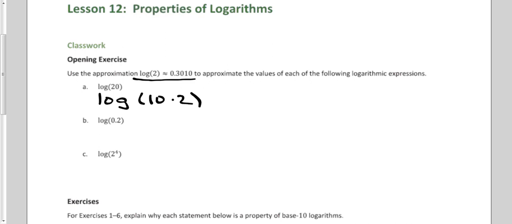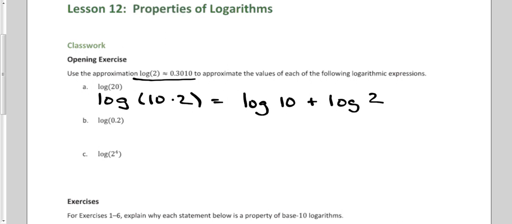Who remembers the product property? If I got two things multiplied by each other, how can I split those logarithms up, Sophia? Log 10 plus log 2. And we know log 2 because we were given it, yes?